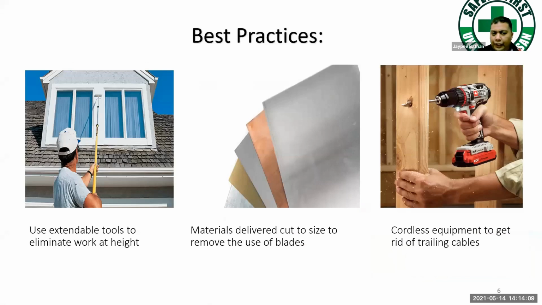We use extended tools to eliminate working at heights, especially when we are painting in our home. Material delivered cut to size: before, we used a stamping process to cut our materials.